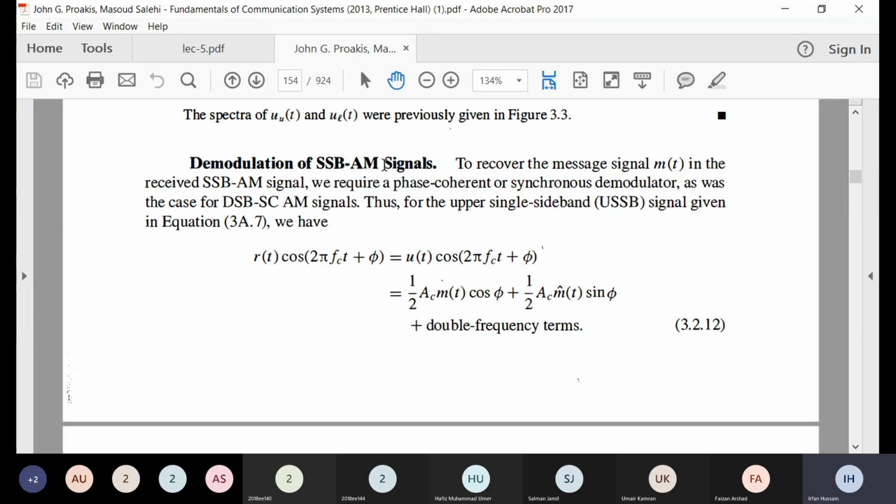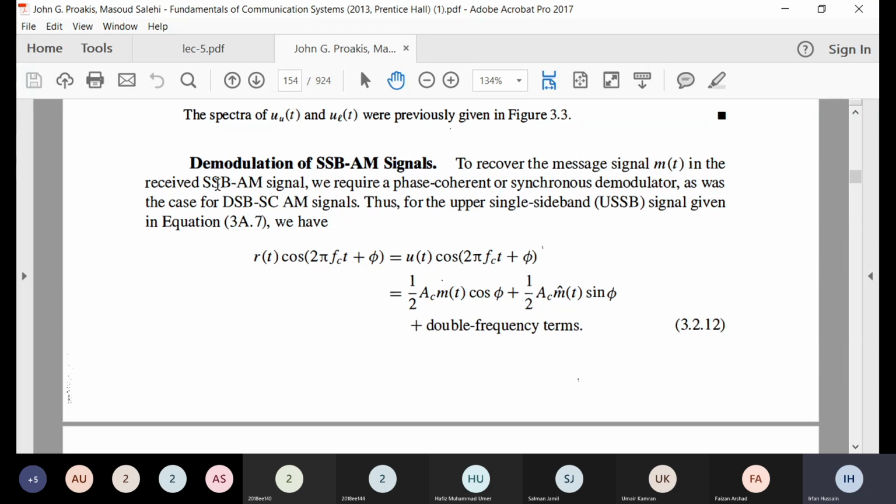So first of all, we would need a synchronous demodulator, the same demodulator that we saw in double sideband suppressed carrier. Because remember, at present in our single sideband, we have not sent any carrier.